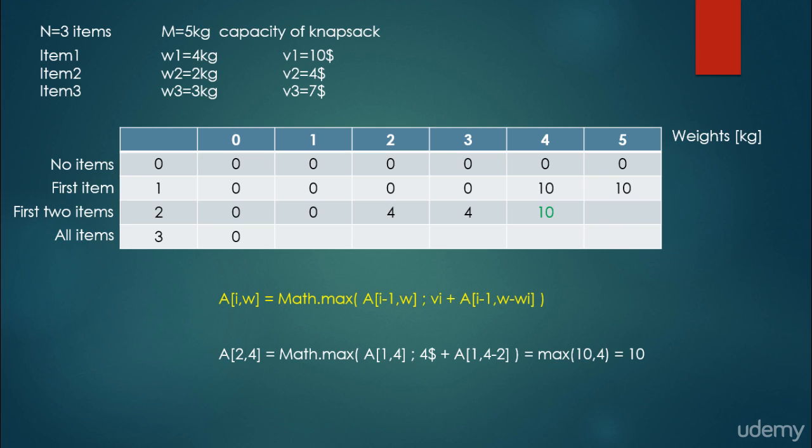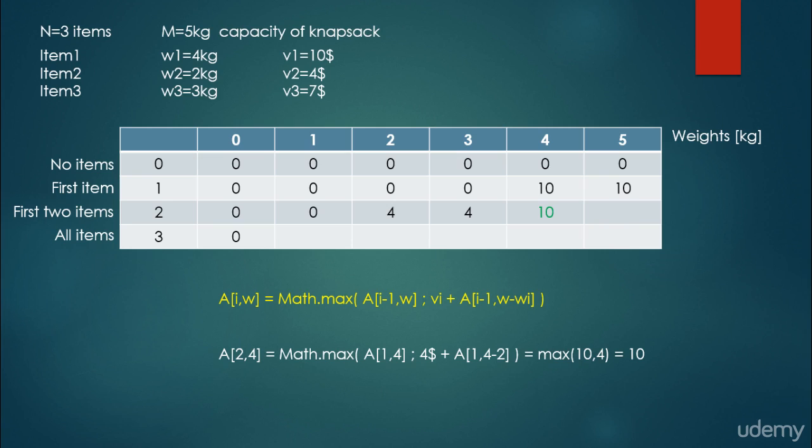In the equation, the $4 plus A 1 and 4 minus 2 represents the situation when we take the item with index 2, so we take the second item, and we have to calculate whether it is a good option to take it with us or not. So this is why we have to calculate on each iteration.